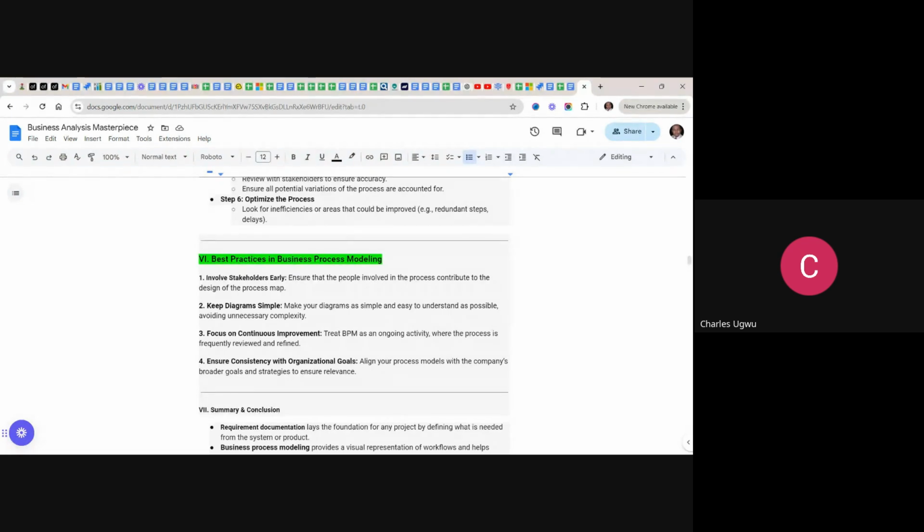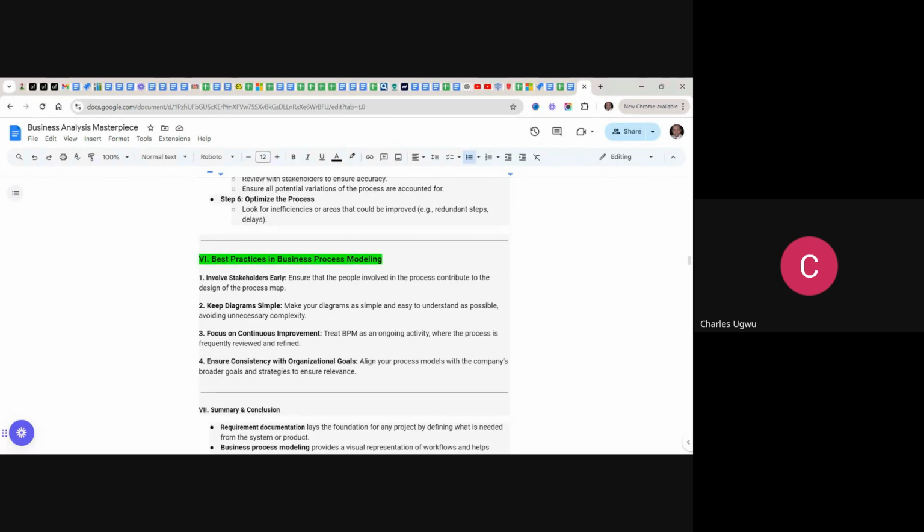But some people will use a lot of jargon, a lot of unnecessary complexity, arrows, making it so complex. And I'm not a fan of that. Very soon you'll see one of my diagrams. It's very simple and easy to understand.